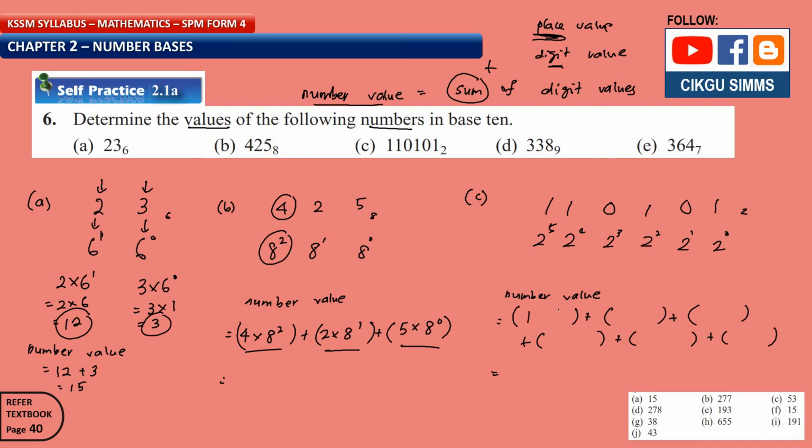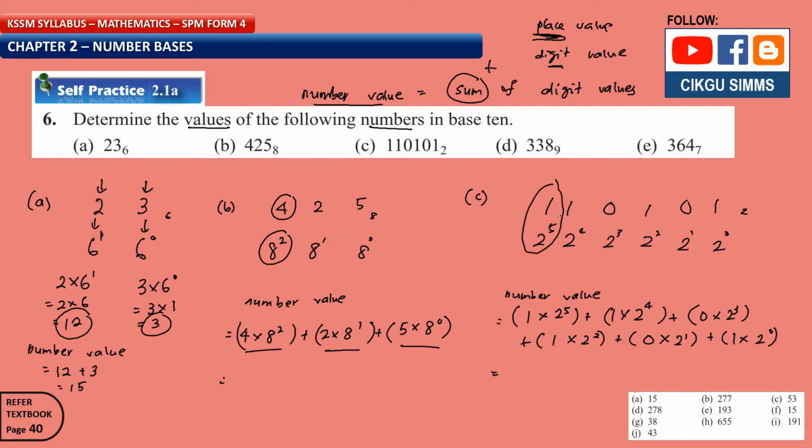So you put them, 1 times 2 to the power of 5, 1 times 2 to the power of 4, 0 times 2 to the power of 3, 1 times 2 to the power of 2, 0 times 2 to the power of 1, 1 times 2 to the power of 0.